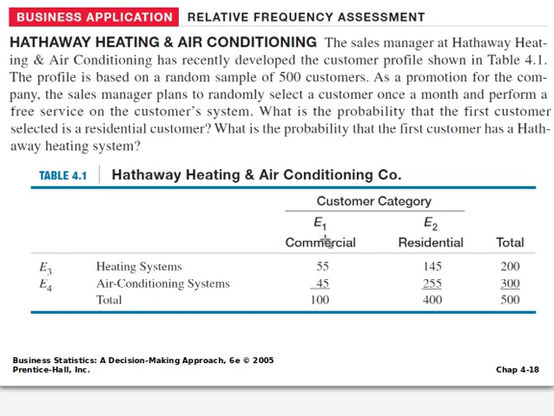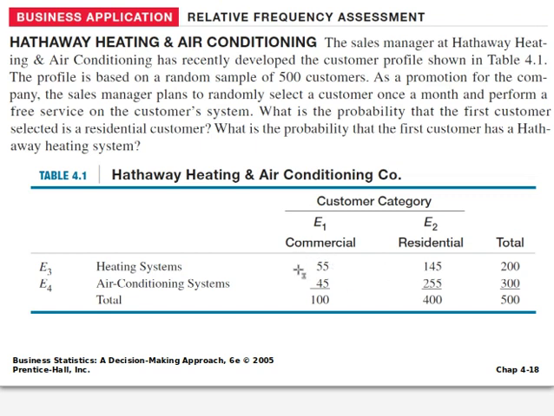For E1 and E3, we're looking at the intersection between the events E1 and E3. There are 55 commercial customers.